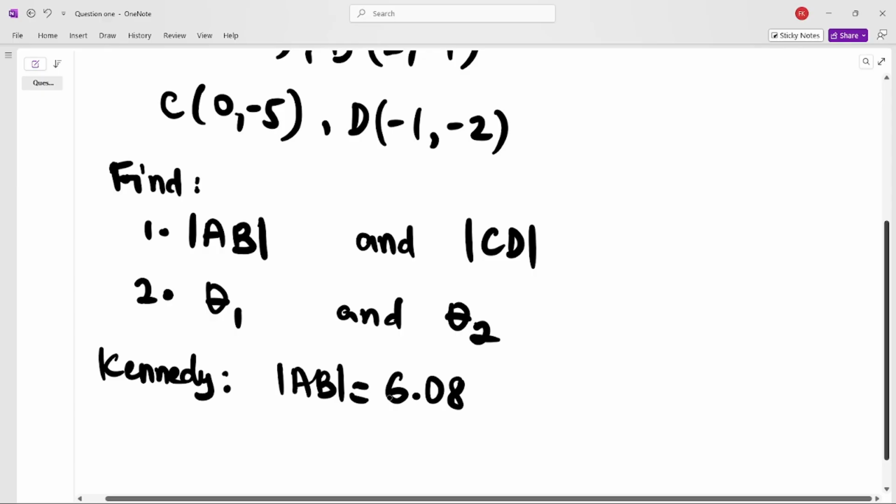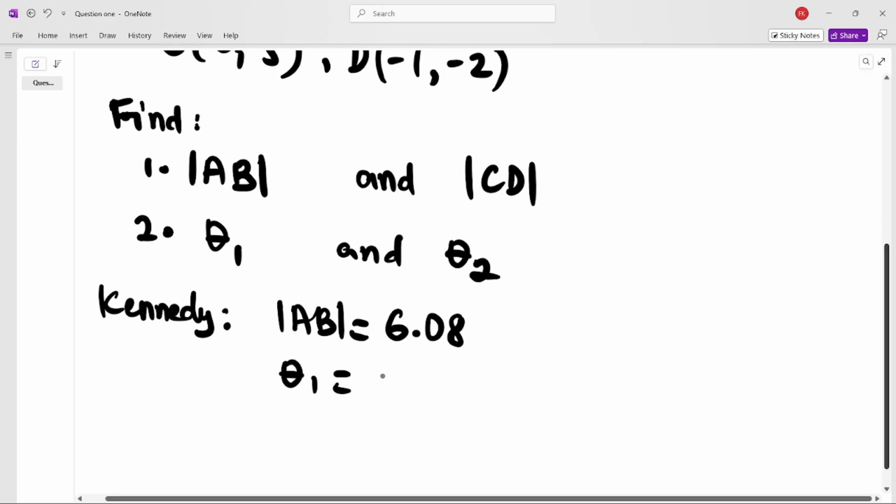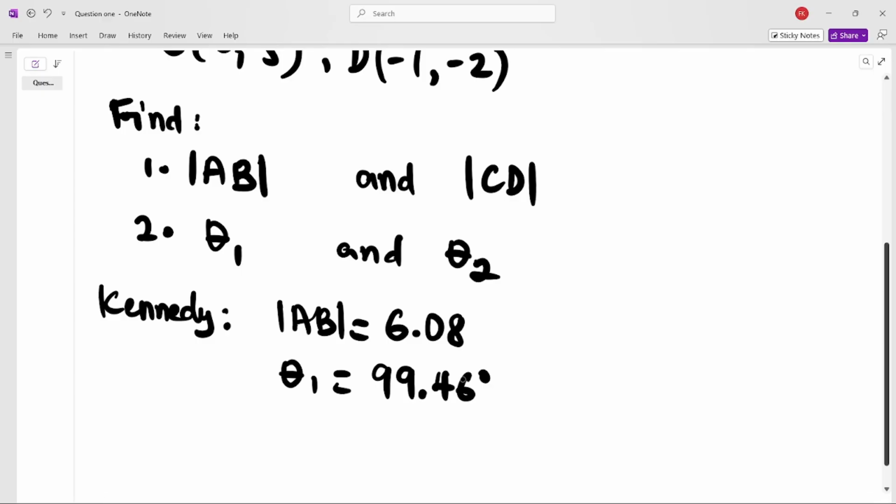Then theta 1 is equal to 99.46 degrees. So I have a question. For the line AB, there's no unit, so are you supposed to add like 6.08 units? Yes. I wanted to say that.